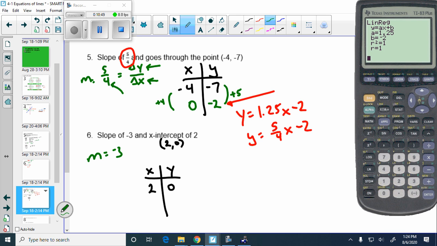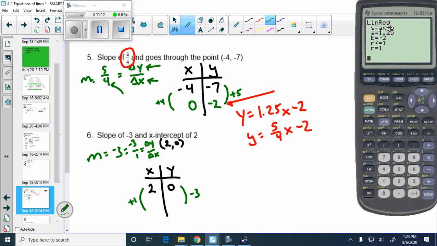And if the slope is -3, that's the same thing as -3/1. So that's the change in y over the change in x. If you'll write that, it'll help you here realize that this is the part that goes down by 3, and this is the part that goes up by 1.